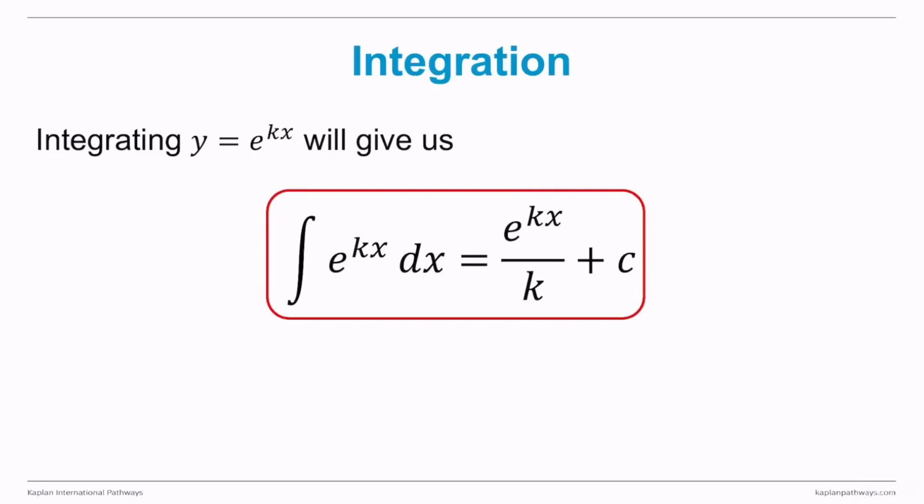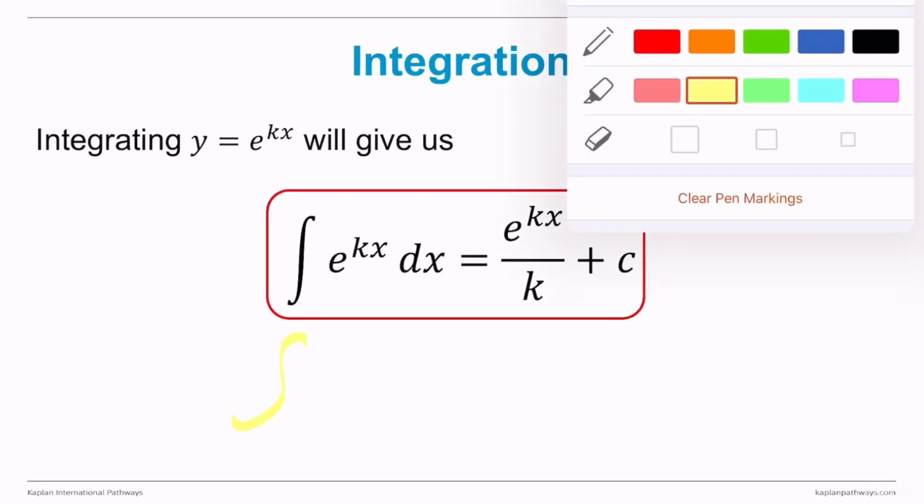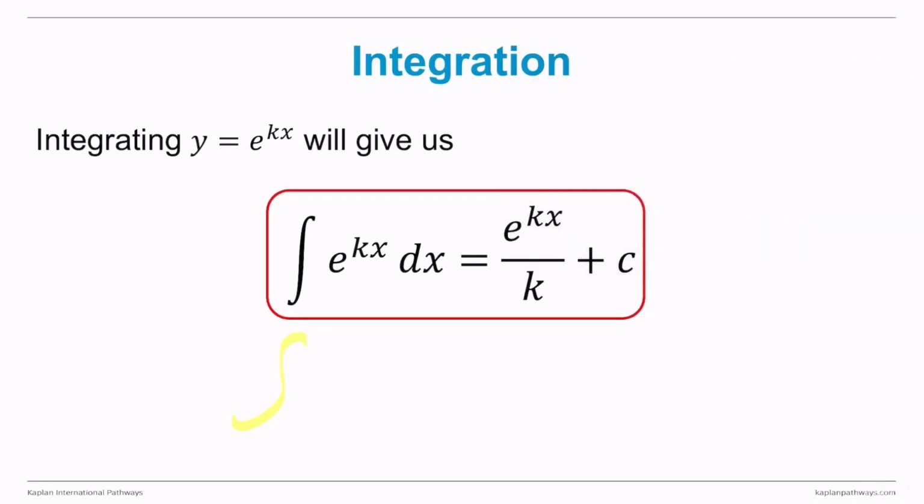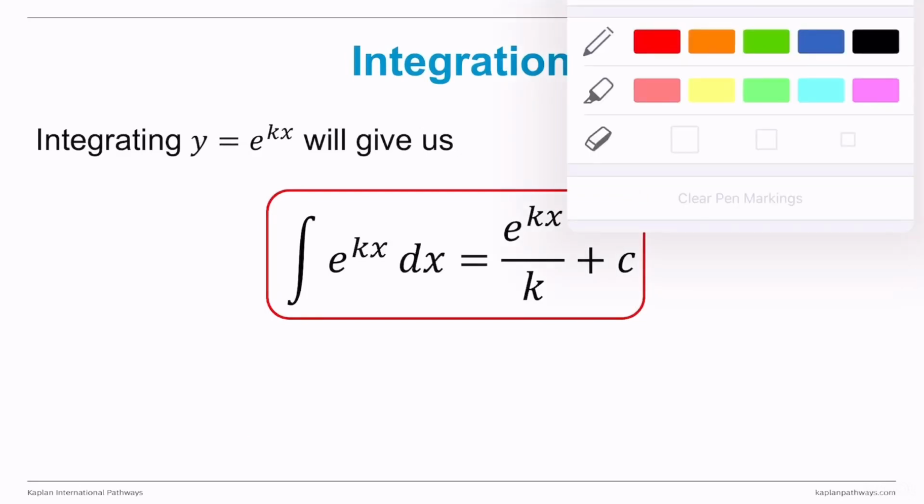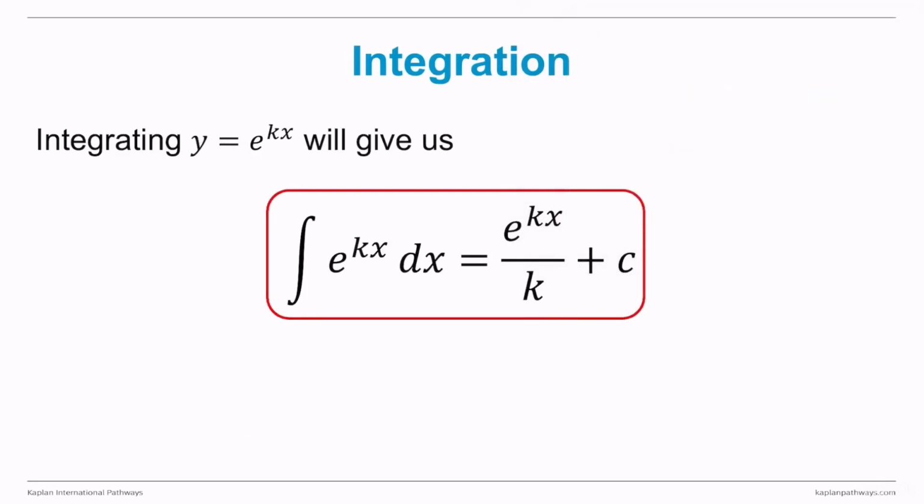So in general, integrating y equals e to the power kx will give us, this is the integration sign, e to the power kx dx equals e to the power kx divided by k, which is the derivative of kx here.